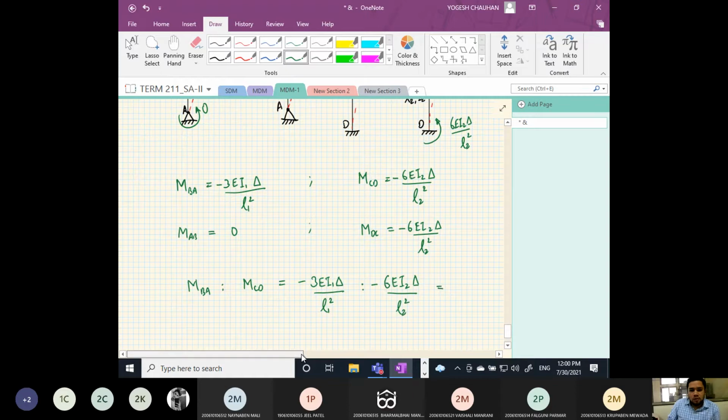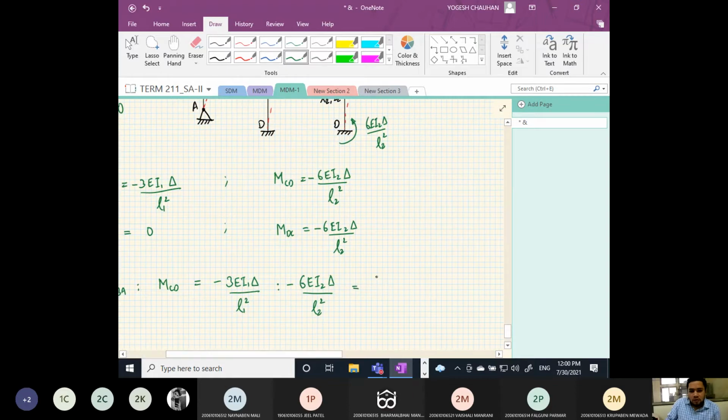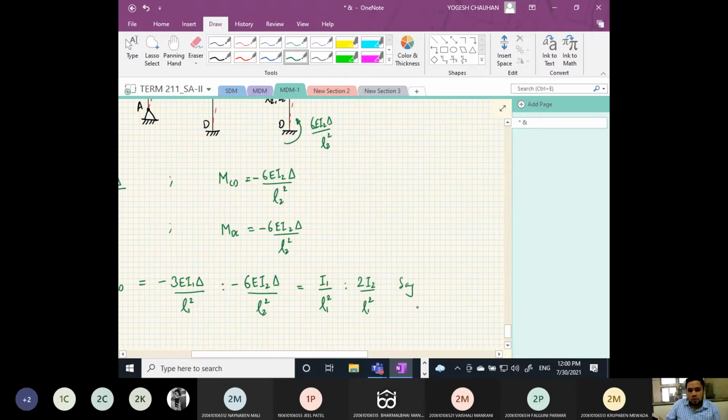So here this will be I1 by L1 square is proportional to 2I2 by L2 square. Say for example, this ratio is M is to N.